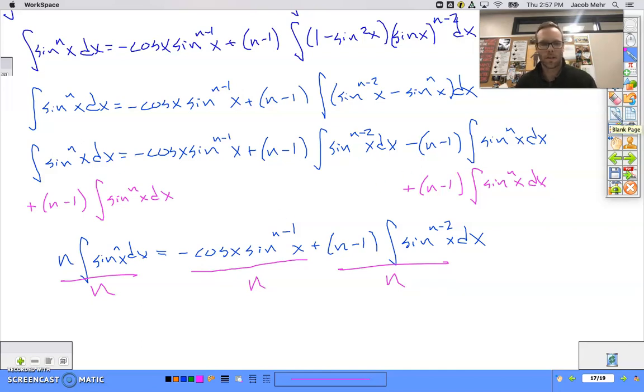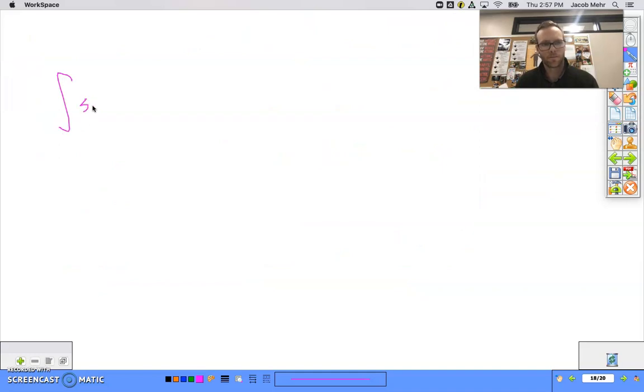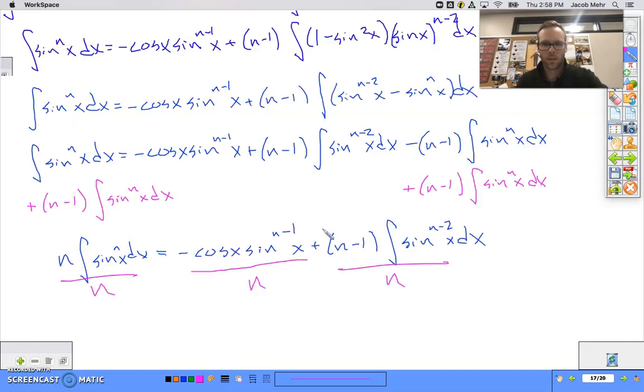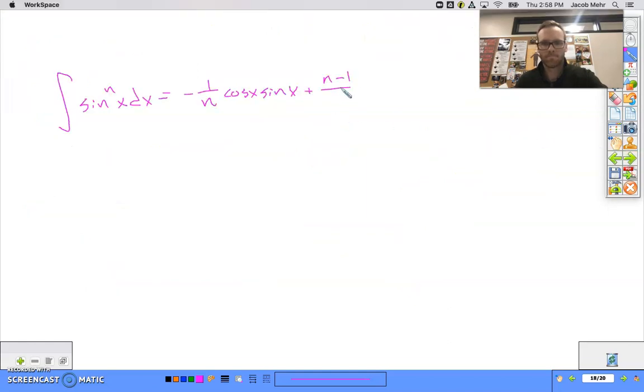This gives us the reduction formula: negative 1 over n cosine x sine x, plus n minus 1 over n times the integral of sine to the n minus 2. Let me just double check I wrote that down right. Okay, there you go, looks good.